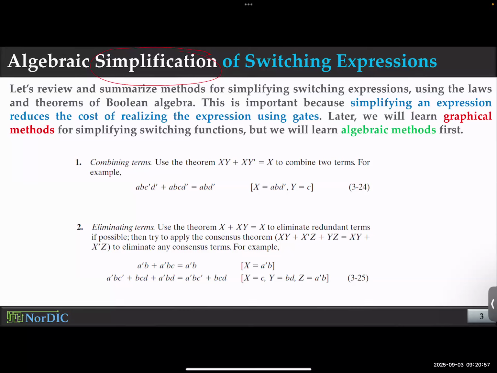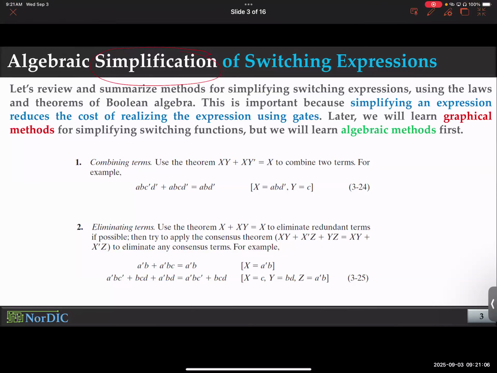What you are learning now over the next few slides, in fact throughout this lecture, is, as the name suggests, algebraic simplification. There are different kinds of simplification, even geometric simplification, by the way. We'll talk about it. But algebraic simplification is probably the ground plane for simplification. So this is where you start.